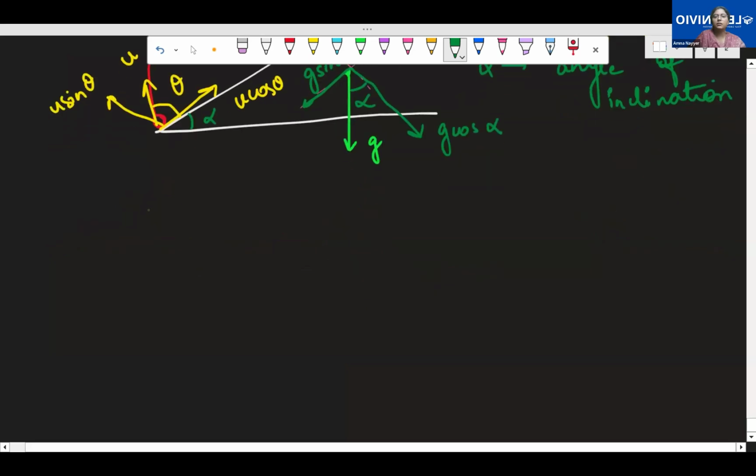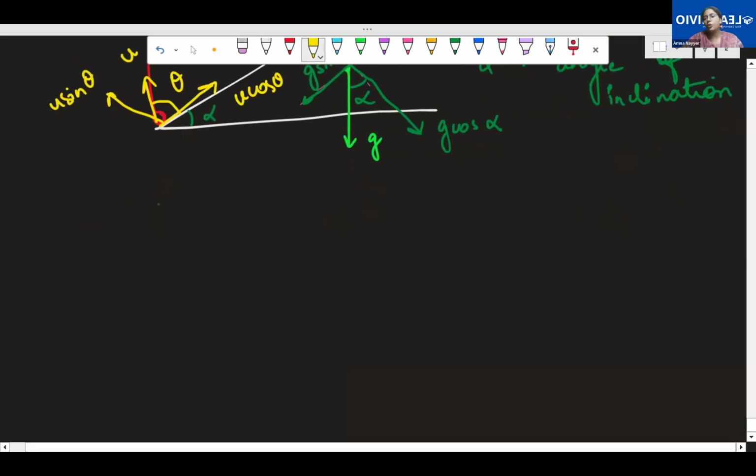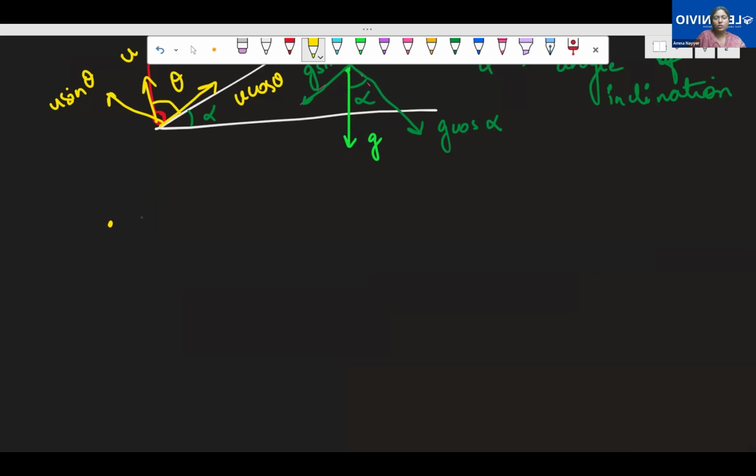Now, when we talk about the different formulas that we've already discussed earlier, the time period in normal angular projection was 2 u sine theta by g.